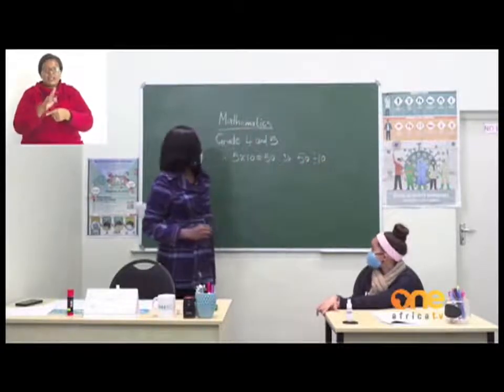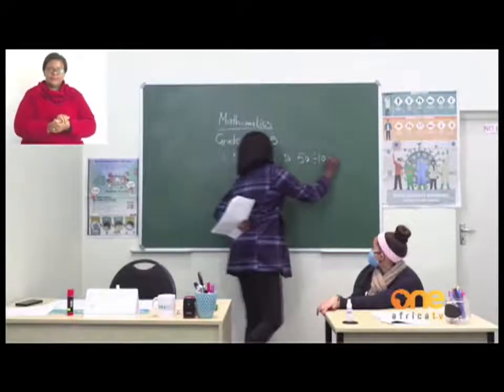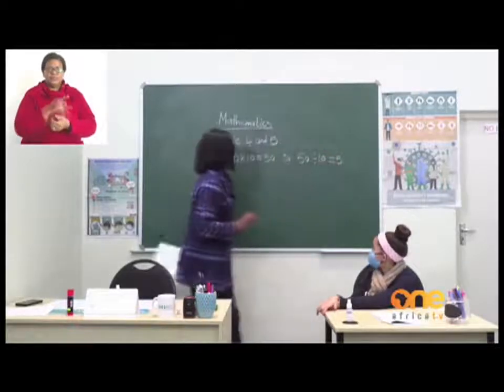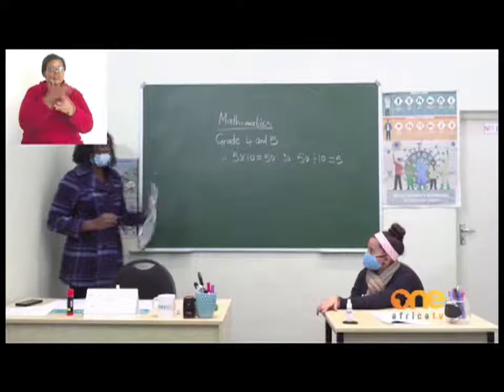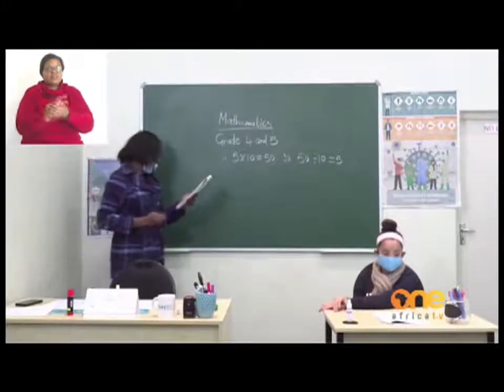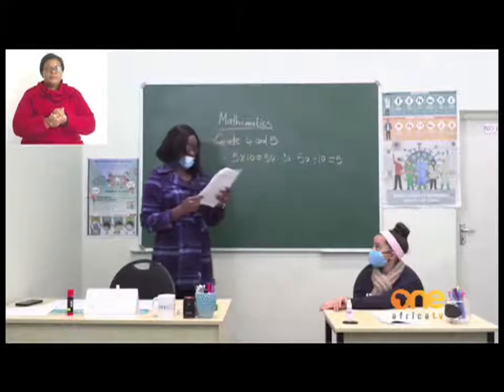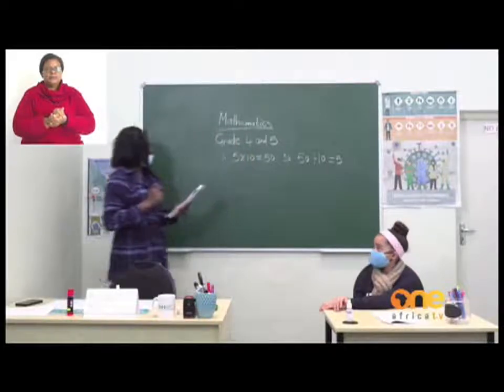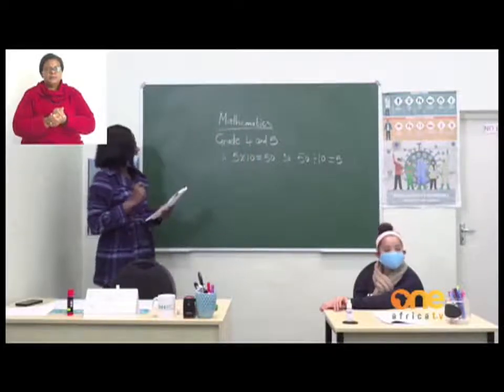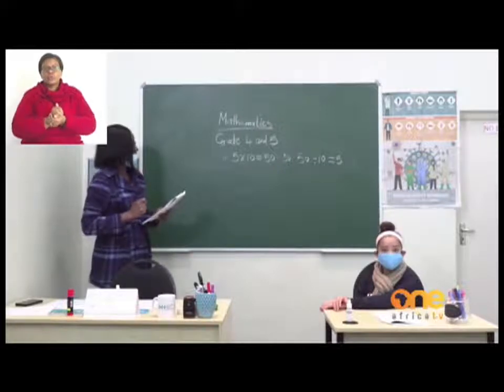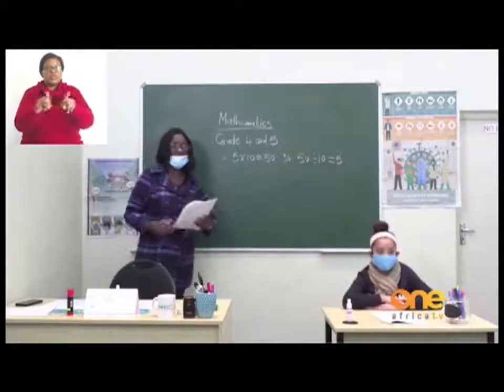What will be our answer? Is 5. That's what we call inverse operation. Boys and girls, I want you to put it in your mind and work it out accordingly. Stay tuned. We'll be back.